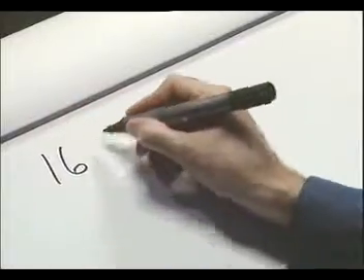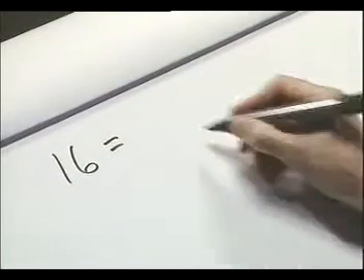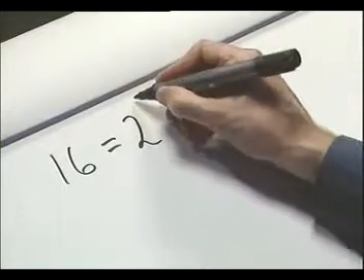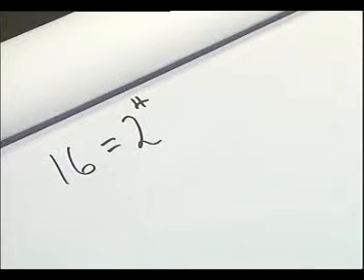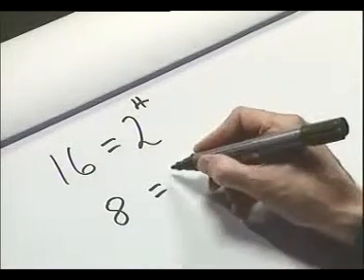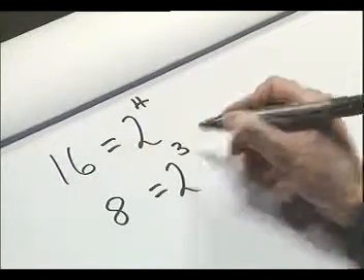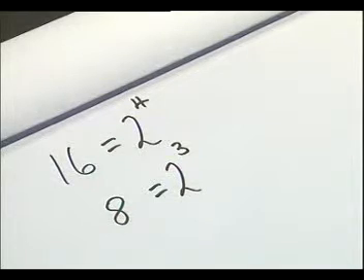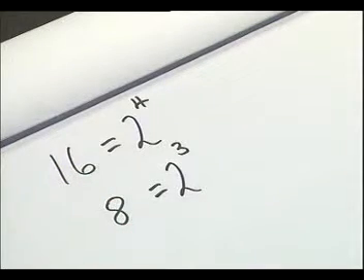We know, as we've just seen, that 16 is 2 raised to the power of 4. 8, similarly, is 2 raised to the power of 3. Now, supposing we wanted to multiply 16 by 8.